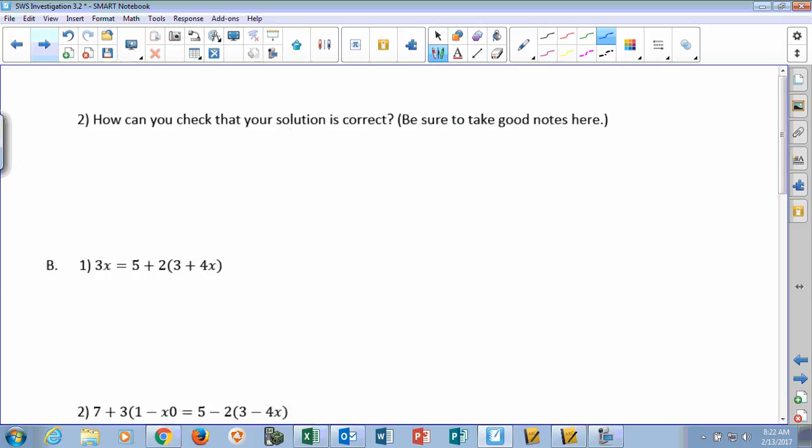Okay, so in part B, it says how can you check that your solution is correct? Yeah, if I plug 40 in for n for both equations, I should come up with the same number, right? Or if I set them equal to each other like I did before.